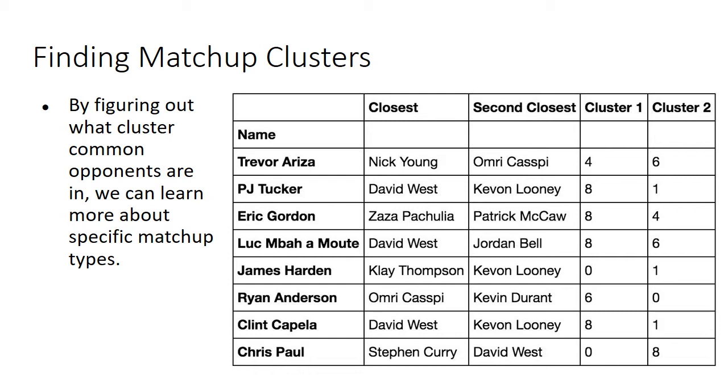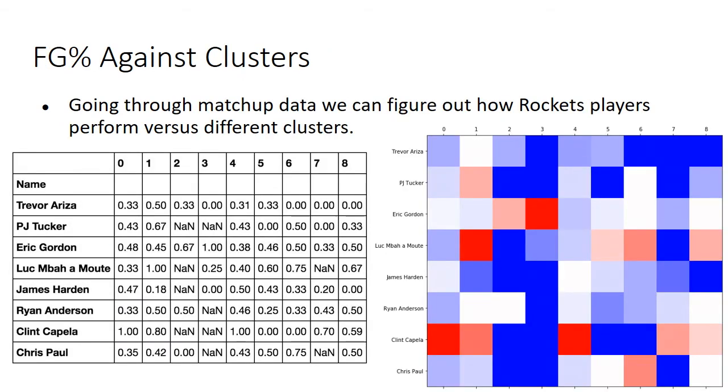So we've labeled the clusters of the players that they play against, and on the next slide we can take all of the players in the database and run a very simple metric: their shooting percentage versus each cluster type throughout this 10-game data set, because we have matchup data here. We can essentially see, okay, Clint Capela plays well against cluster type 0 and 1. So we want to draw up plays where, when he is specifically against someone in cluster type 0 or 1, we have him take the ball and take a shot.